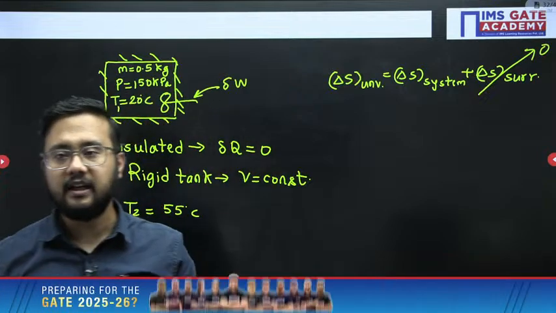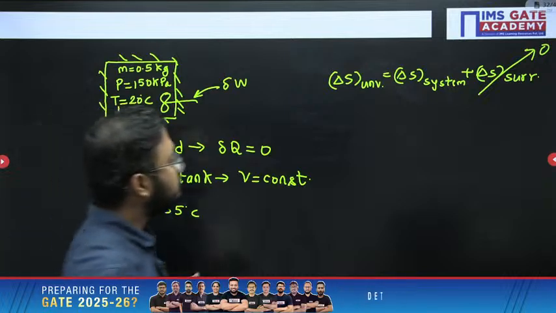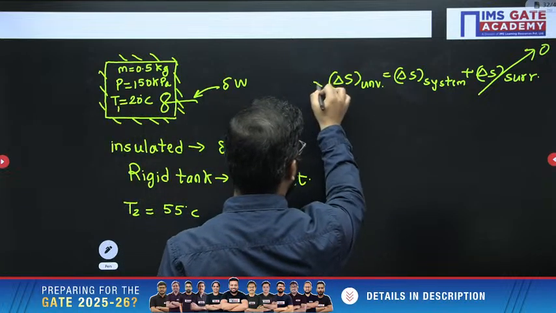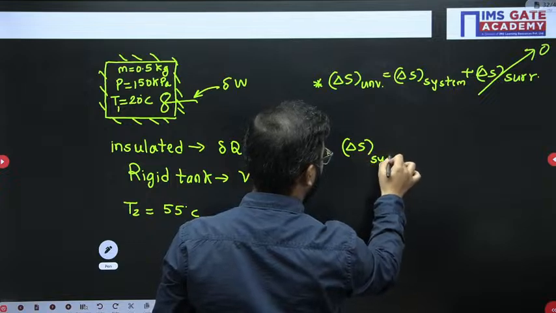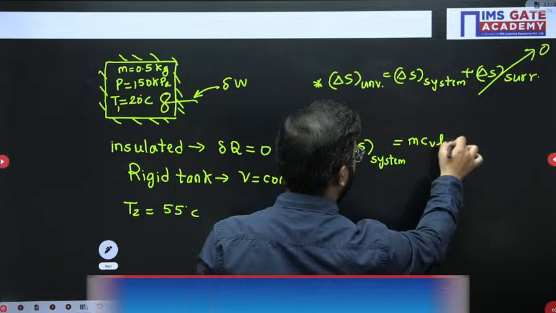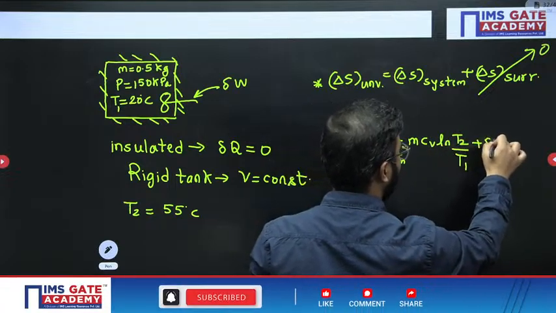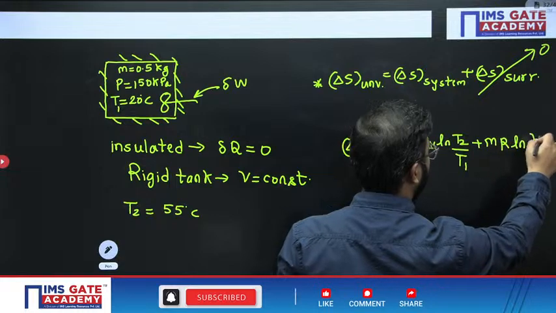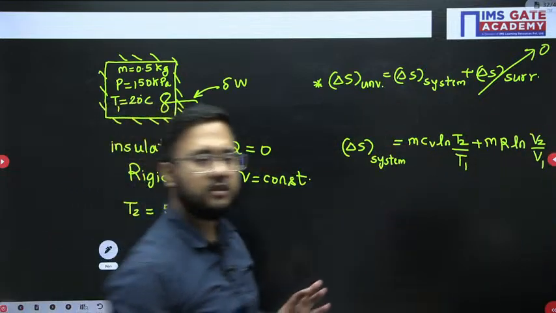Is this point clear, everyone? Now, delta S of system, how will you write? This is very important. M Cv ln T2 by T1 plus M R ln V2 by V1. Again, volume is constant, so that part will also become 0.